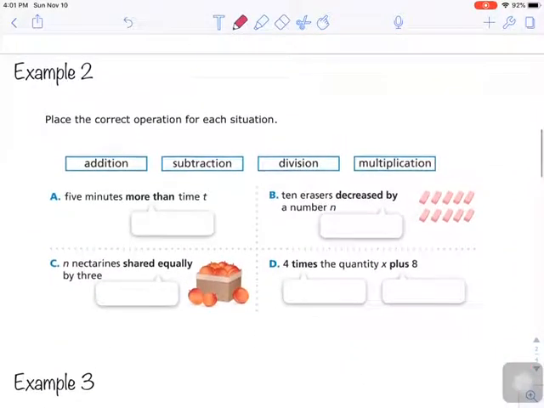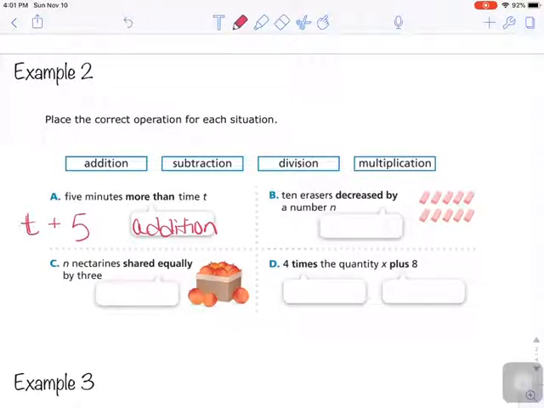So example 2 is saying to place the correct operation for each situation. So A says 5 minutes more than time T. So what operation do we think would be for more than? This would be addition. And if I wanted to actually write this out in my expression form, I would have 5 minutes more than time T. So I'm going to have T plus 5.